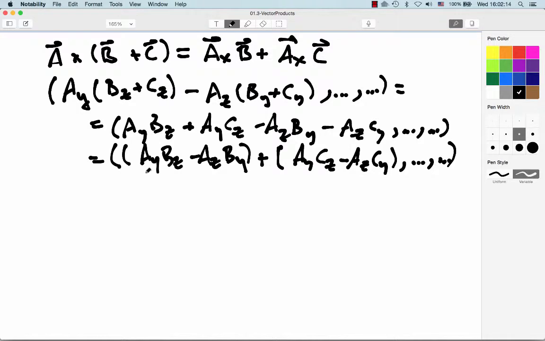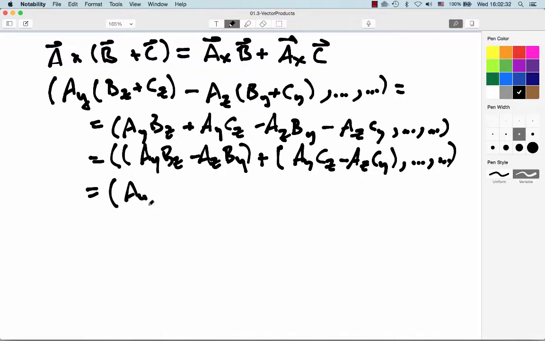Alrighty then, if I look at this and recognize that I can treat this as adding two vectors, one of whose x components is this, and another of whose x components is that, we'll go ahead and write it that way.